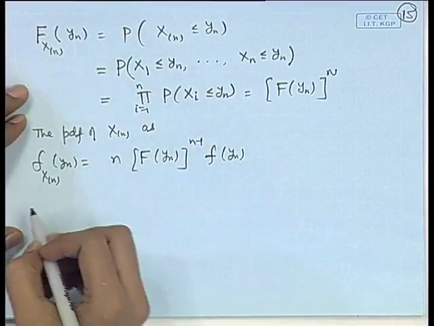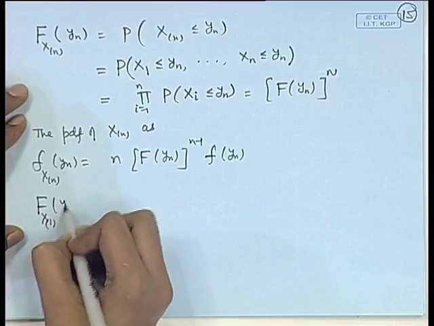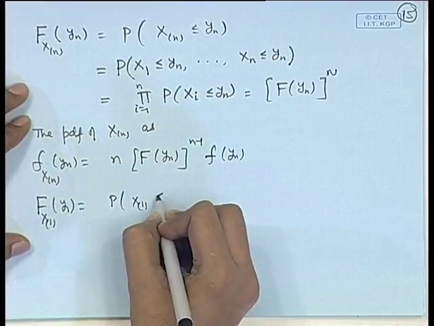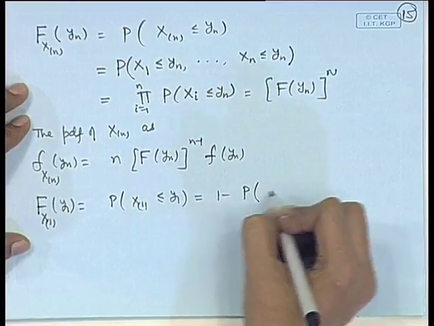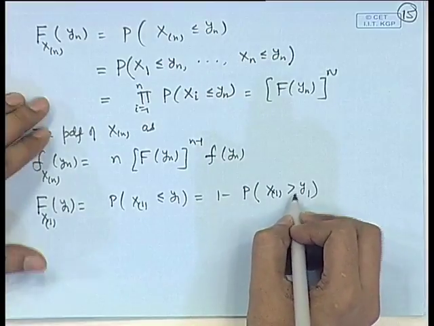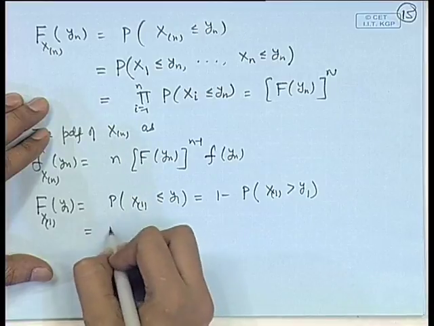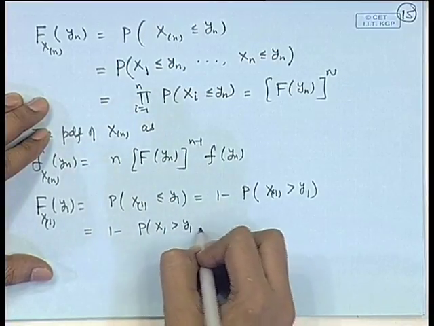In a similar way, we can obtain the distribution of the minimum also, that is, the probability of X(1) less than or equal to, say, y1. This we can write as 1 minus the probability of X(1) greater than y1. Once again, if the minimum is greater than y1, it means that each of the observations is greater than y1.